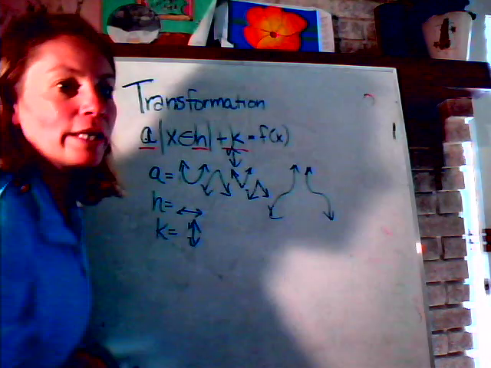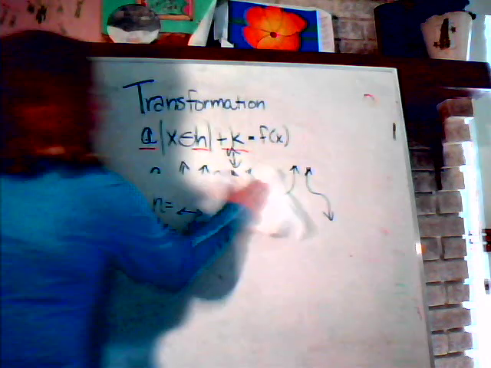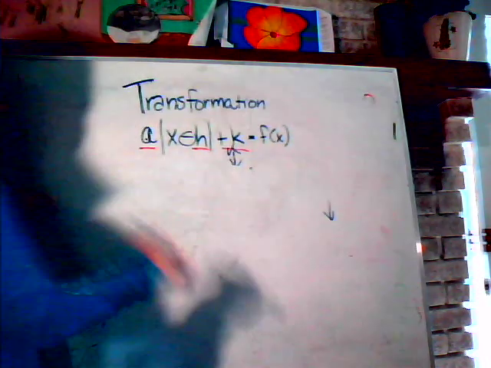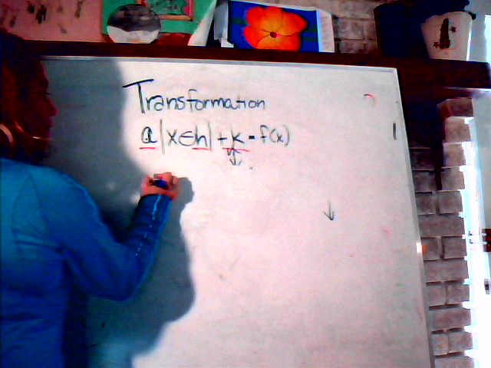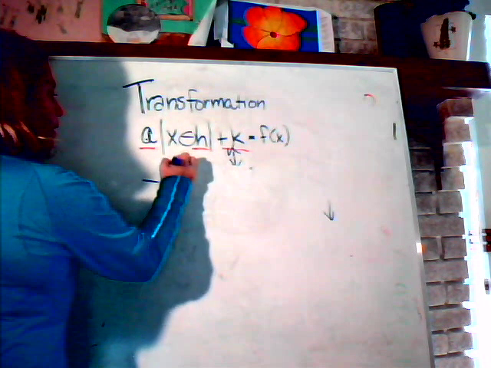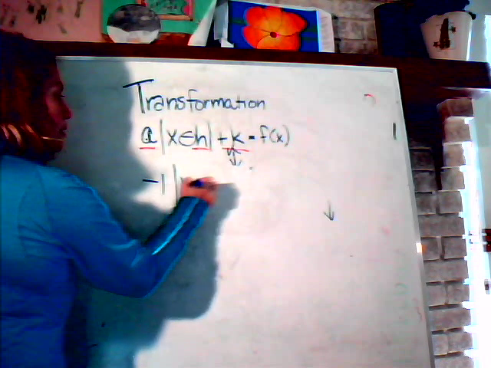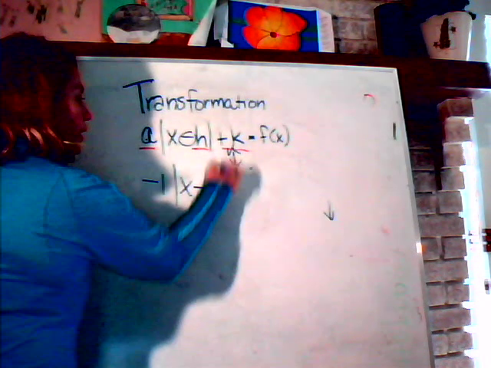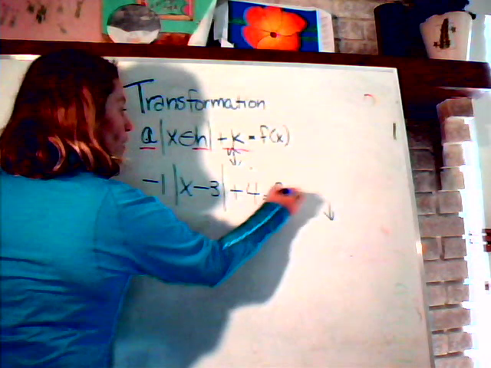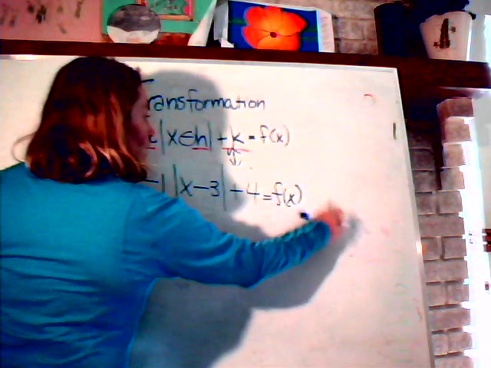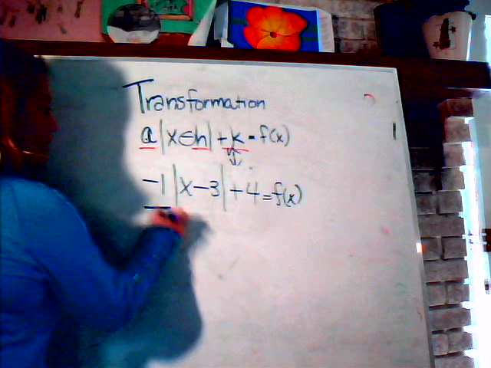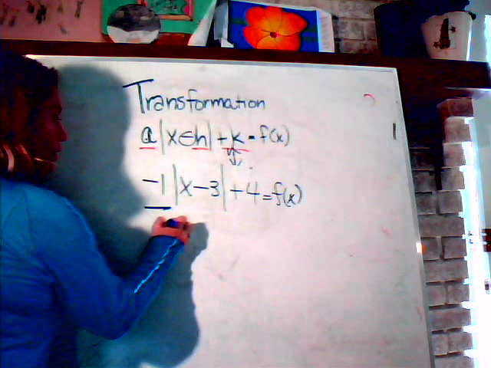Now let's look at a quick example, define what they are, and do a quick graph. Let's say we have f(x) = -1|x - 3| + 4 as our function. The first thing we need to do is decide what A, H, and K are. A is -1.